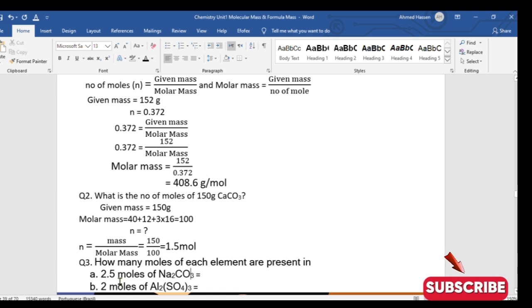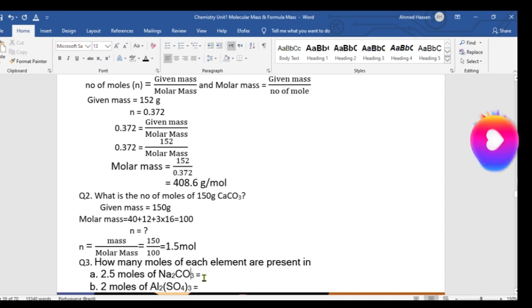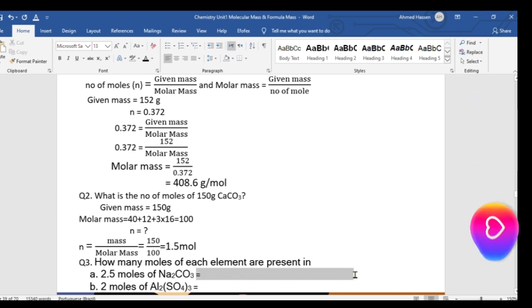Therefore, 2.5 times 2 is equal to 5 moles of sodium, 2.5 times 1 is 2.5 moles of carbon, and 2.5 times 3 is 7.5 moles of oxygen. It will be the answer of the question.